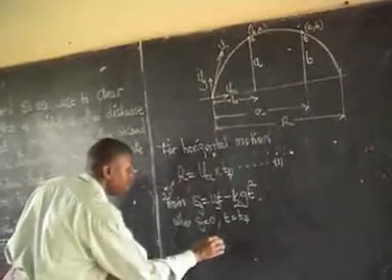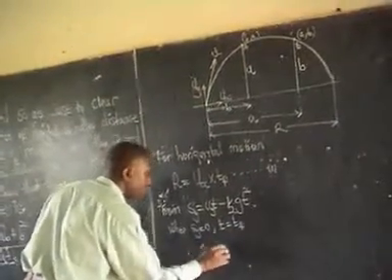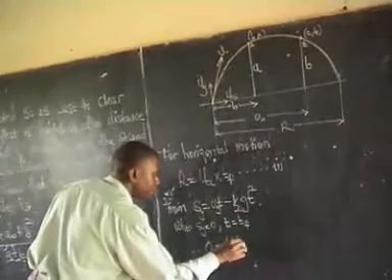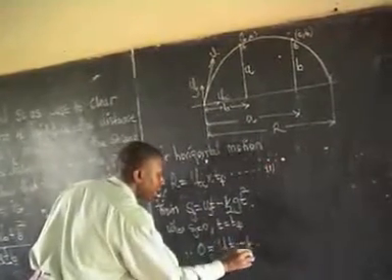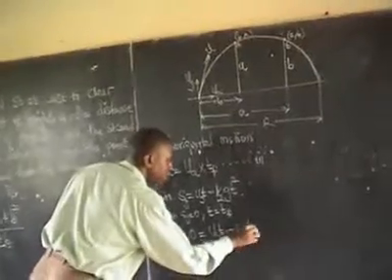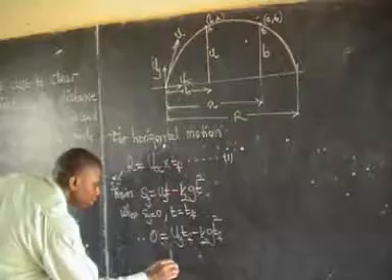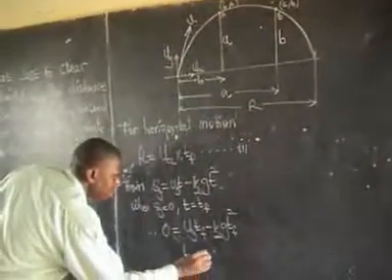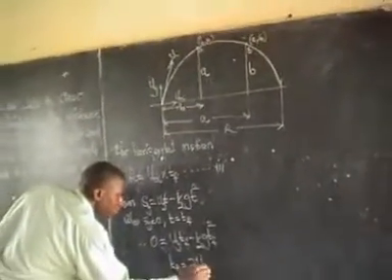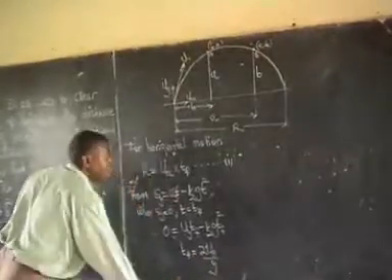Therefore 0 equals uy TF minus a half g TF squared. And when you make TF the subject, you will get TF is equal to twice uy divided by g.